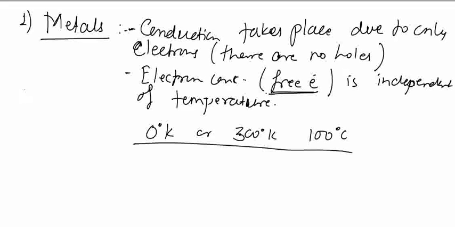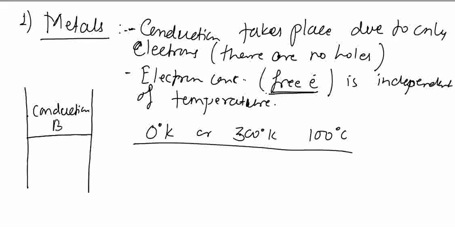So I can conclude that in case of metals, to make any electron free, I need not supply any energy. That is, in case of metal, the conduction band and valence band are not separated by any forbidden energy band gap.